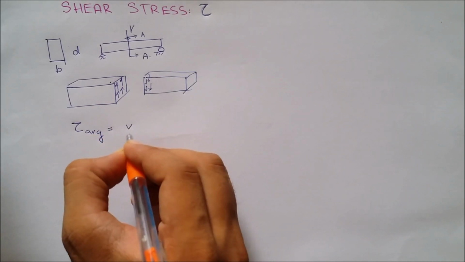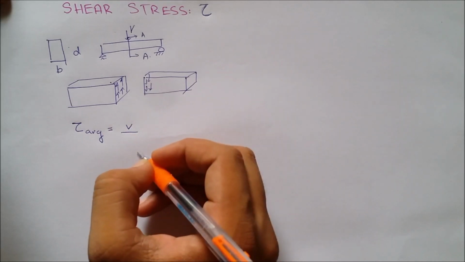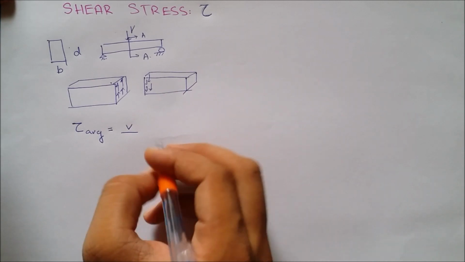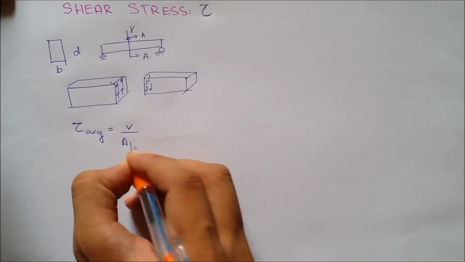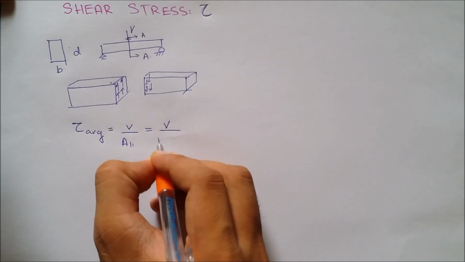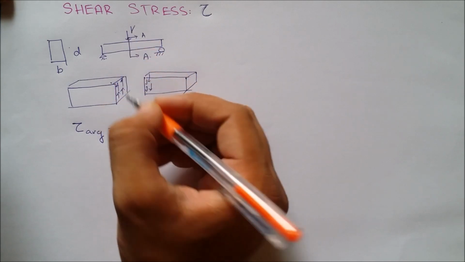the ratio of shear force acting at the section, that is obtained by shear force diagram, and the area parallel. For this case it would be shear force divided by B into D, since this was the area parallel to the force.